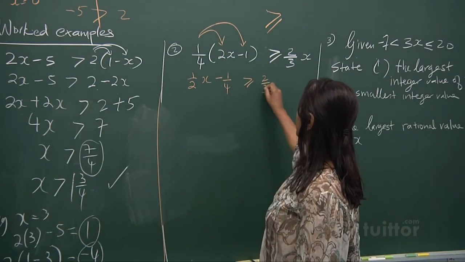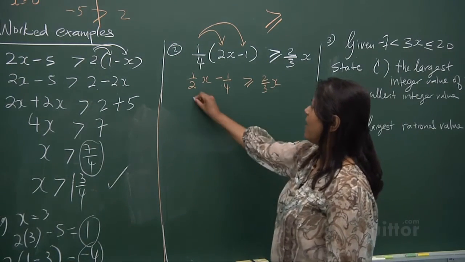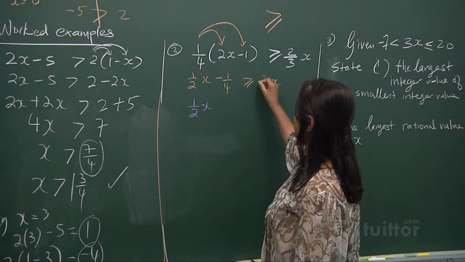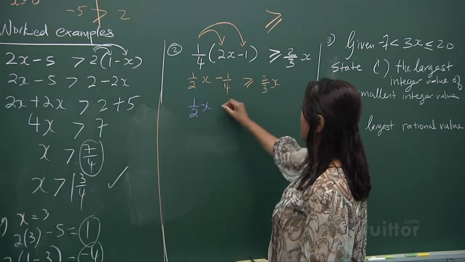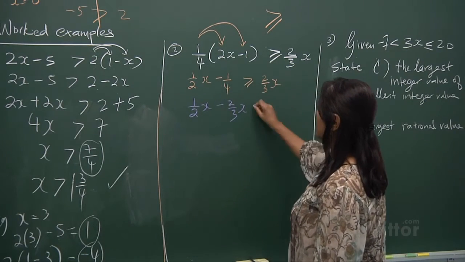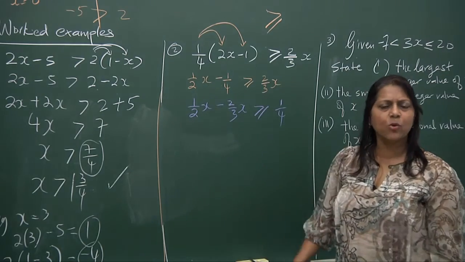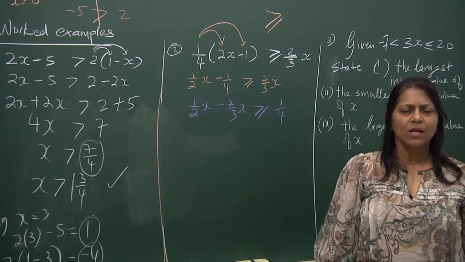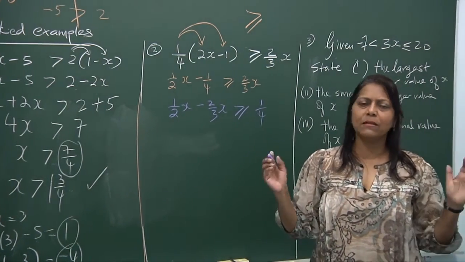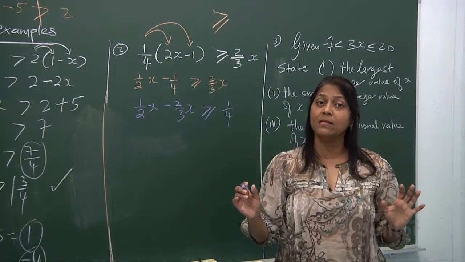This is 2/3 x. Bring all the x together. Half x, this is a plus. If you bring it over, you get a minus. Bring the quarter over. You don't change signs like that. The inequality sign still holds. You only change the sign when you multiply by a minus on both sides, or divide by a minus on both sides.